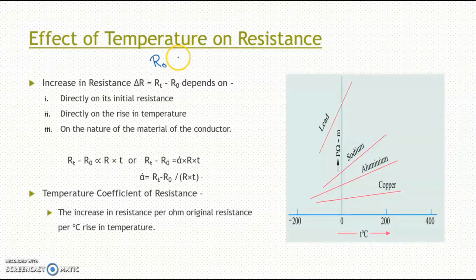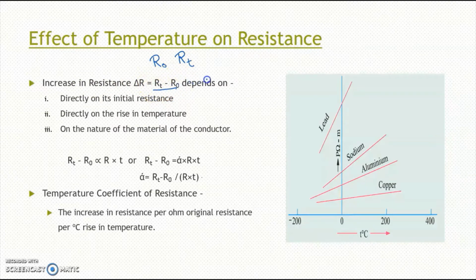We raise the temperature of the circuit and measure the resistor at T degrees Celsius, so it goes from R naught to RT.